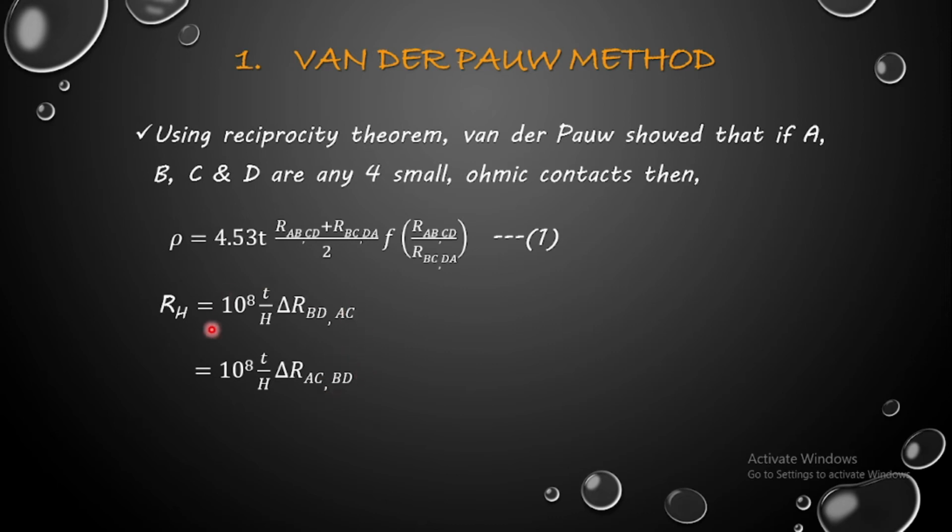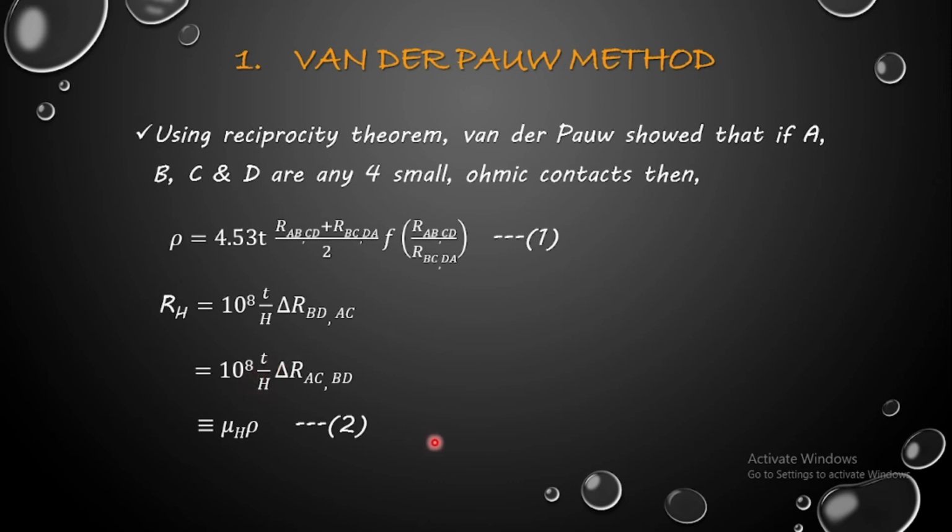Both are equations by which we can find the Hall coefficient, and this will again be equal to mu H into rho, where mu H is the Hall mobility, generally in units of centimeter square per volt second, and rho is the resistivity which can be found using equation number 1. Delta represents the changes due to the applied magnetic field, that is H, generally in Gauss.